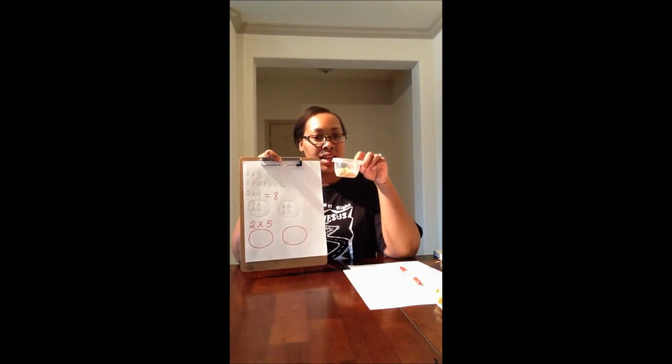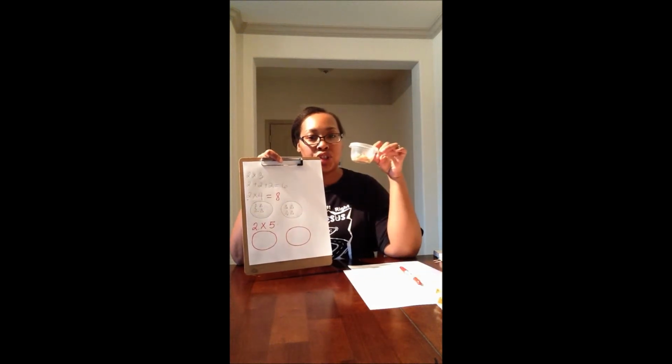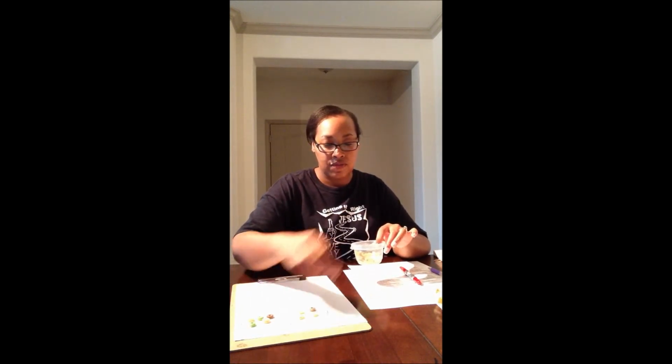And this time I'm going to show you what you'll need to do when you get into groups. Each group will have a container of Cheerios. What I want you to do is work out the problems, and draw the circles and put Cheerios to represent the amount in each set. So we're going to have 2 equal sets, and there'll be 5 in each set. So we're going to count out our Cheerios. 1, 2, 3, 4, 5. 1, 2, 3, 4, 5.